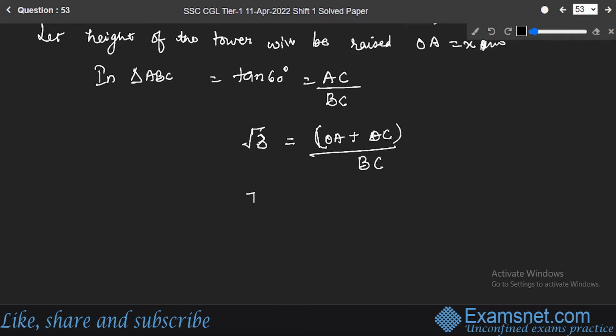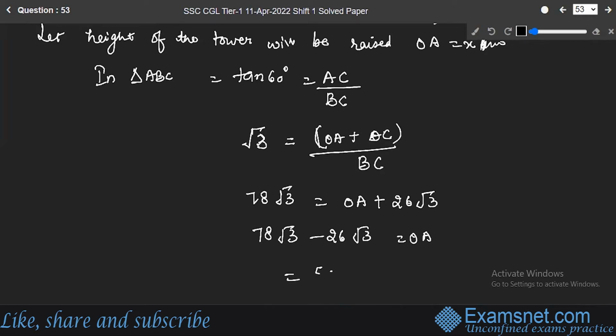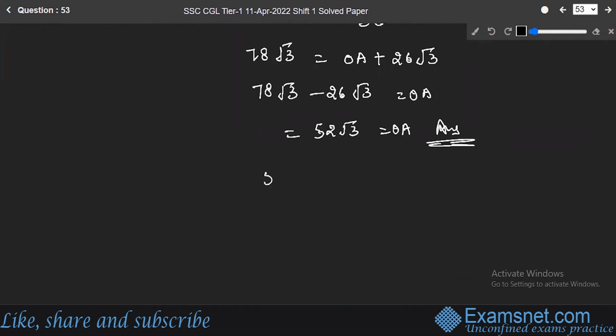You know, BC is 78. So this will be 78 root 3 is equal to OA plus OC. OC we just calculated, it was 26 root 3. So 78 root 3 minus 26 root 3 is equal to OA, which will give you 52 root 3 is equal to OA. So this is the answer for our question, 52 root 3 meters.